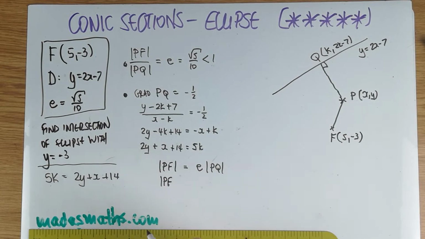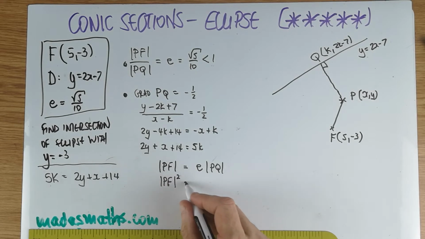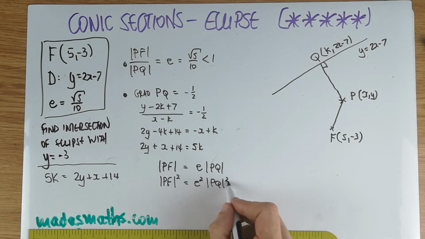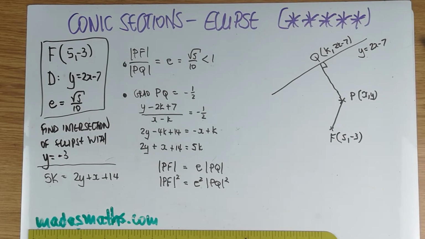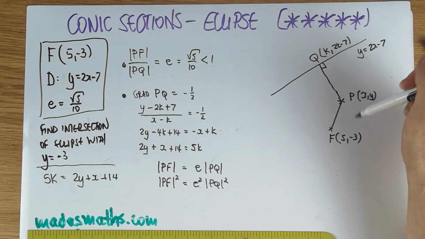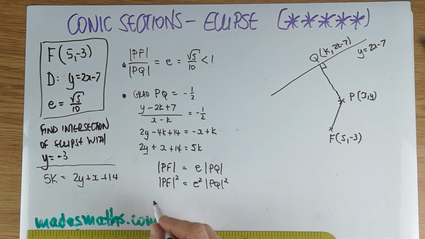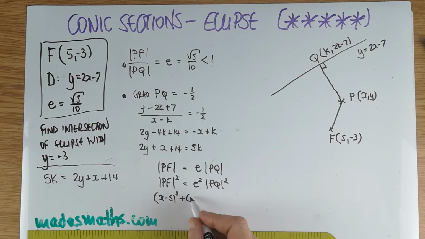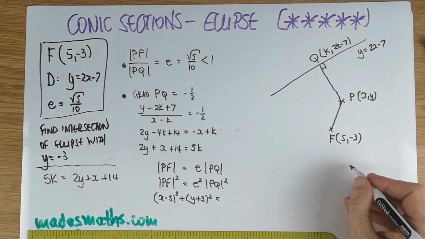So PF squared is equal to e squared times PQ squared. And from this line, what is PF? PF squared is (x - 5) squared plus (y + 3) squared, the square root having gone because I squared it, is equal to e squared.